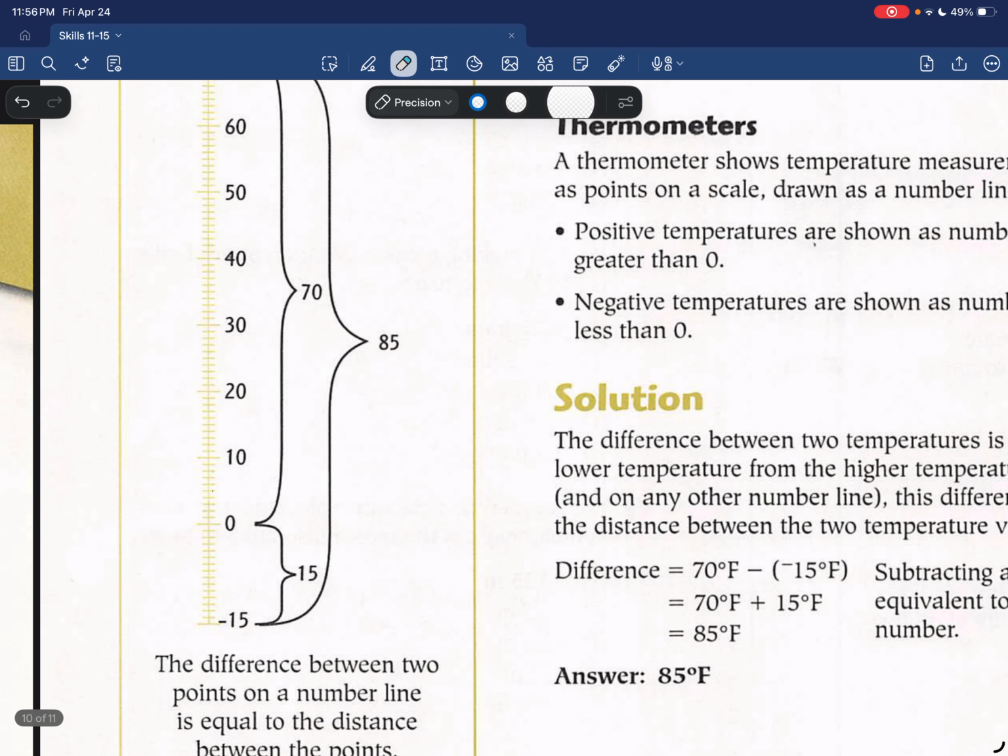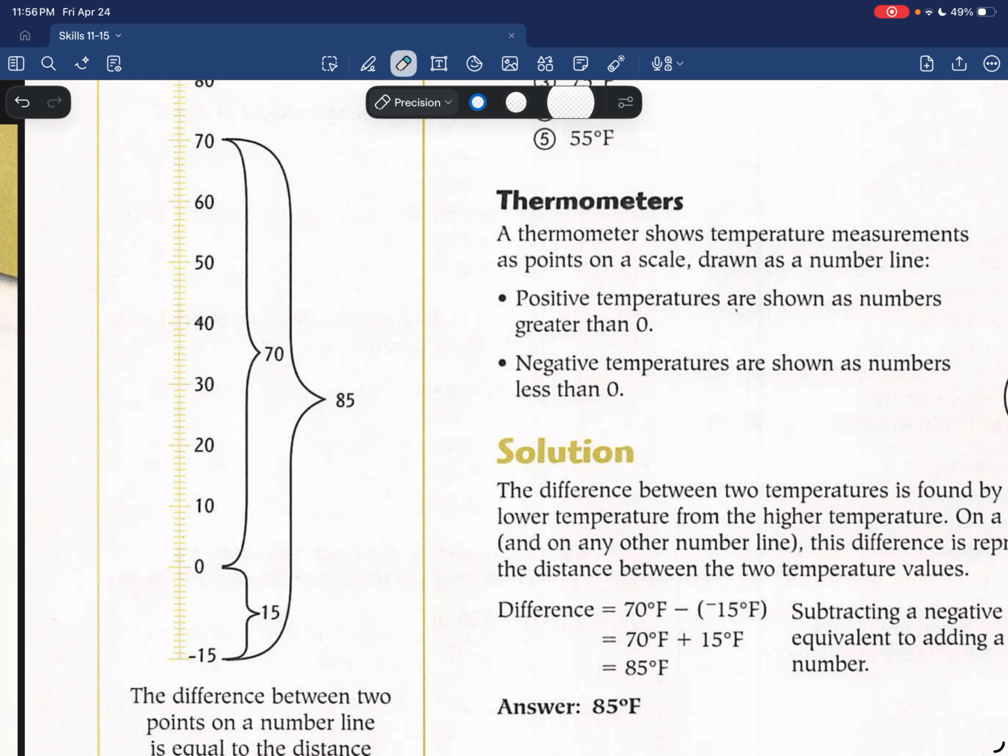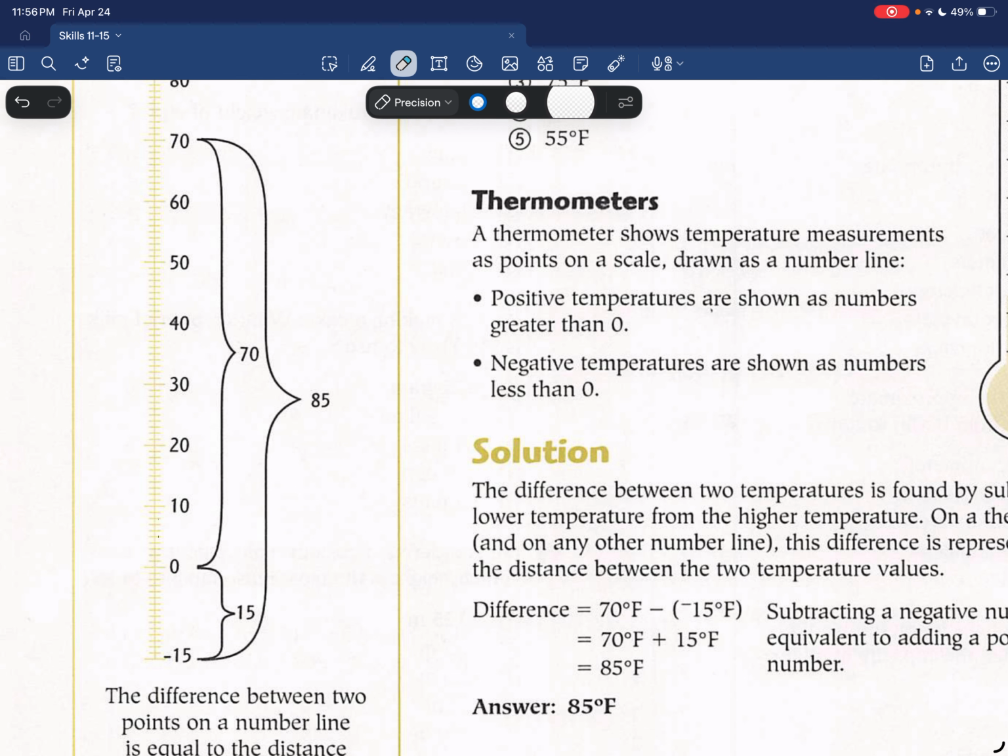And if you look at this one, you can see that from 0 to the low temperature is 15 degrees. And then from 0 up to the high temperature is 70 degrees. And so that's a total of 85 degrees.